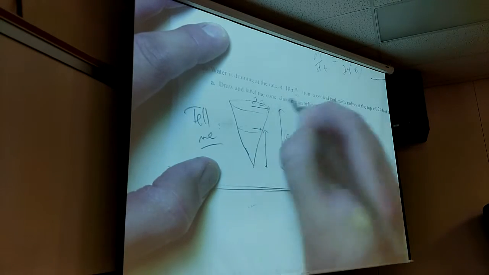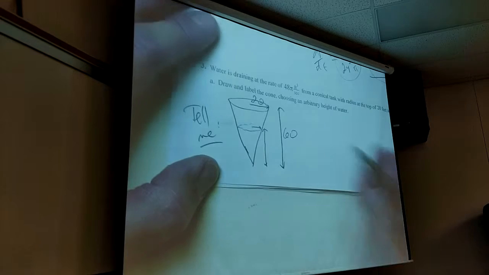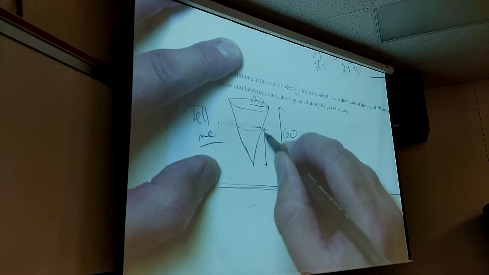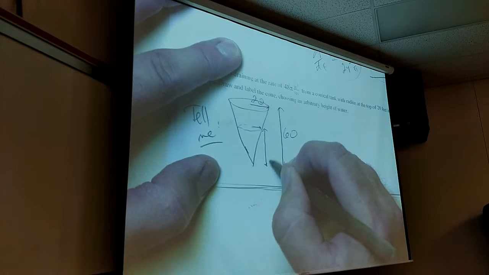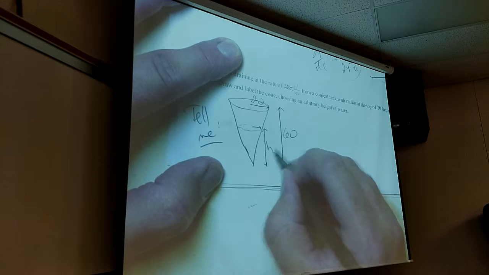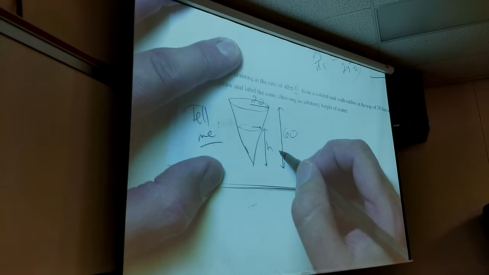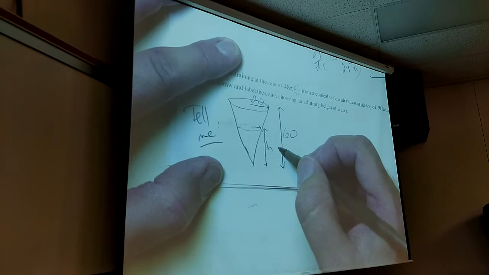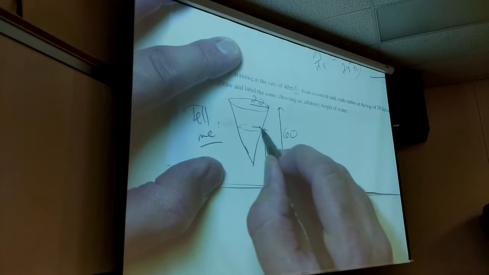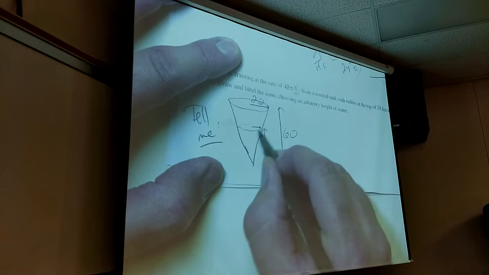All right, so those are unchanging. What's changing, of course, is the water. So what do I have to put here? For sure, I'm going to put H. Make it easier on yourself. And what's this going to be then? R.